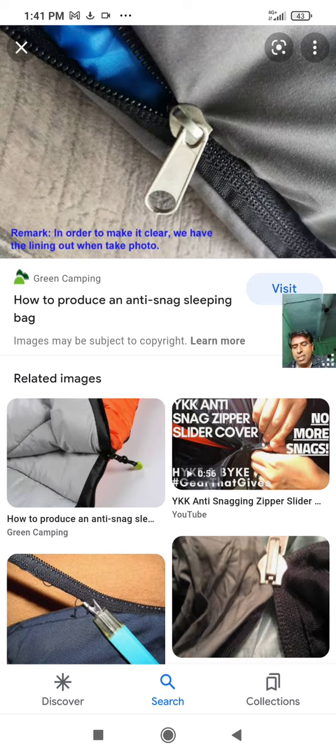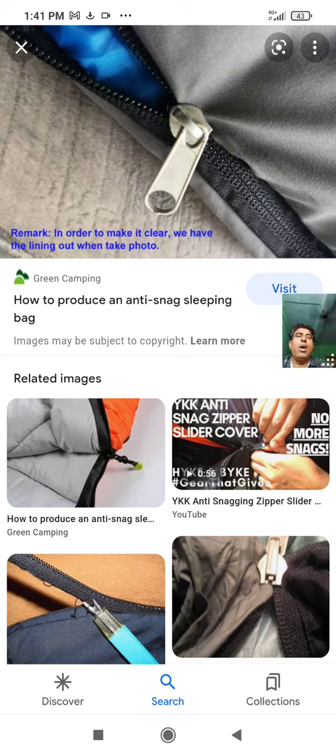You see, it grabbed the fabric, so that is snag, you understood.